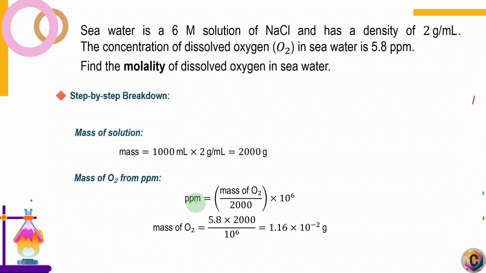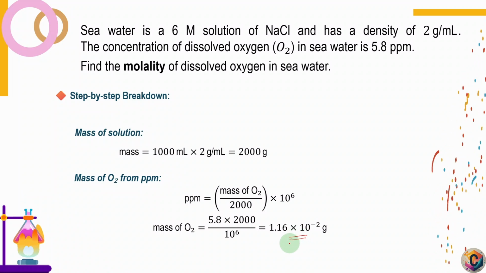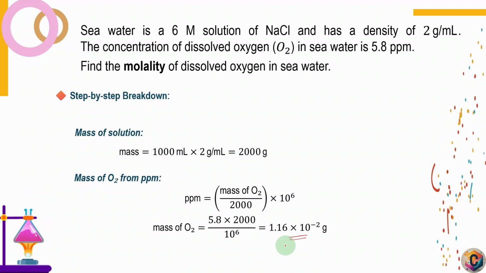Now let us calculate the mass of oxygen in terms of gram. This is the formula I'm going to use: parts per million is equal to mass of oxygen divided by mass of solution into 10 power 6. By rearranging this equation, I will be getting 5.8 into 2000 divided by 10 power 6, and I will get the answer in terms of grams.